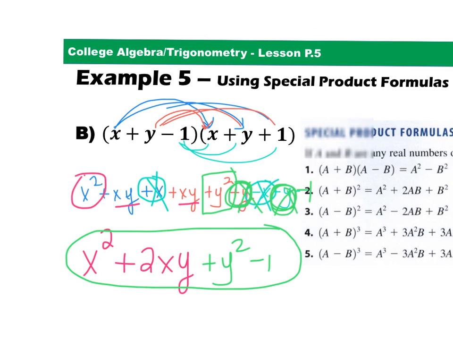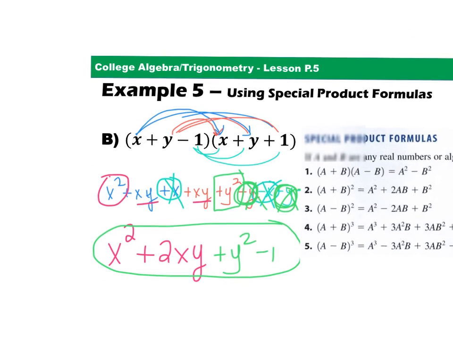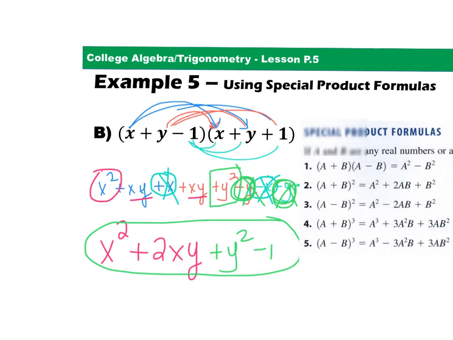If you don't automatically recognize it, no worries. You can always go back to just your normal distributing or foiling. It's not one of the patterns, and that's okay. All right, that's it.